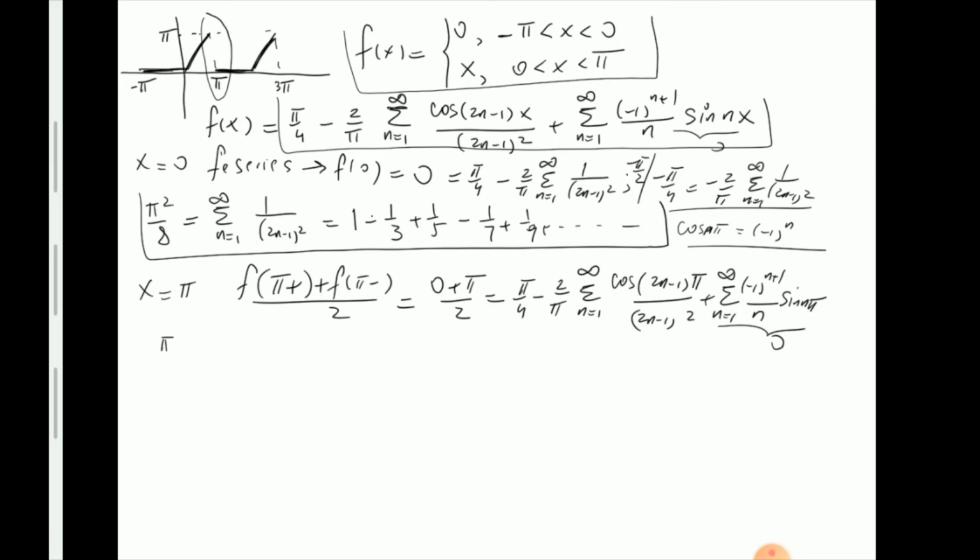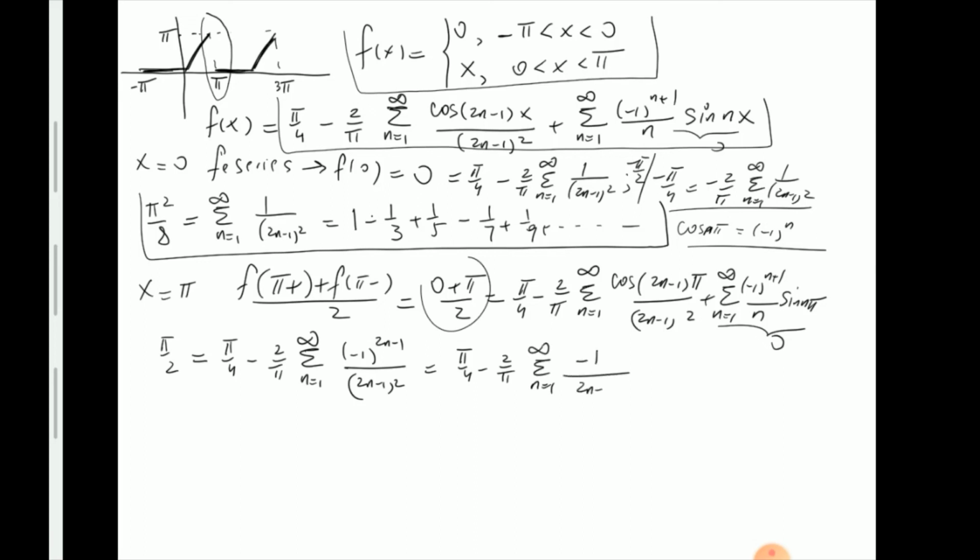So pi over 2 over here should be equal to pi over 4 minus 2 over pi, the summation from 1 to infinity. Now this is going to be minus 1 to the 2n minus 1, which is minus 1 because it's an odd number. And actually we obtained the same series as before.